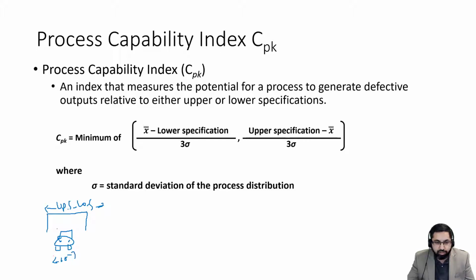Now, if 6 sigma, the width of the car, is less than the width of the garage, you should be able to park the car in the garage, right? However, if the width of the car was more than the width of the garage, you will not be able to park your car. So all CP is telling you is, can you park the car or not? Is the width of the tolerances wide enough that your process can fit in between them?